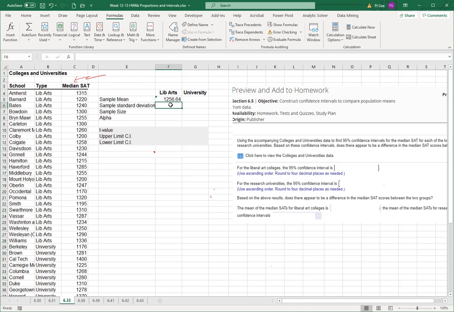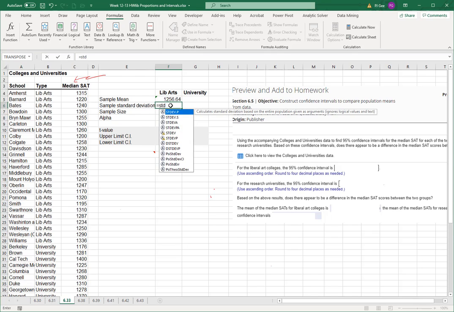That's the median. Half of the students that applied or were accepted will be below that, half will be above that. So it's different than the mean. Sample standard deviation is equal to the standard deviation of the same range.